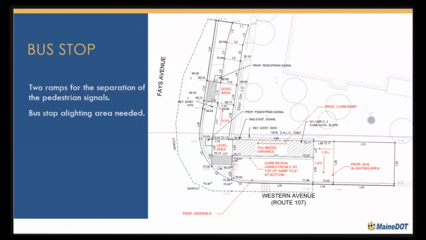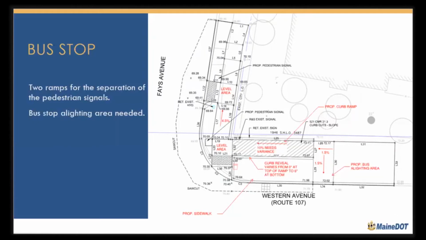So working with MassDOT, the idea is they did want the ramps separated, and they wanted those APS, the pedestrian signal buttons, separated by at least 10 feet. And what we did is the bus landing area is right over here. And Massachusetts does use the 1.5% instead of 2% to allow for a variation in construction in case it's not constructed right to the 1.5%.